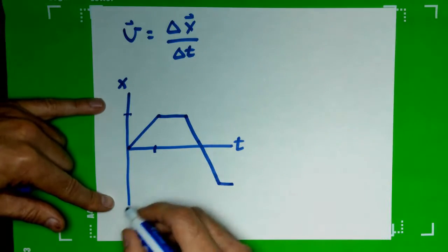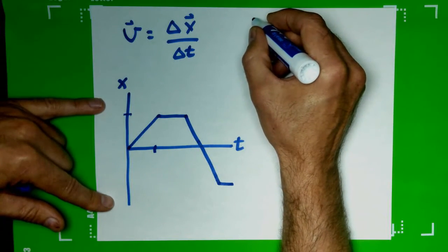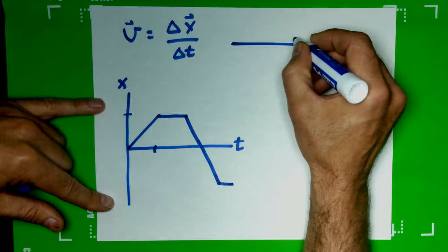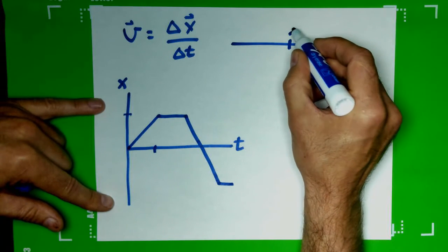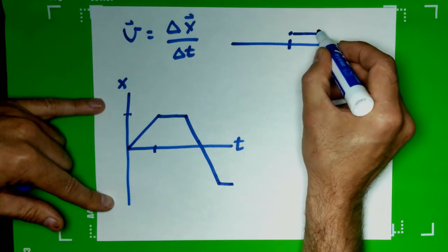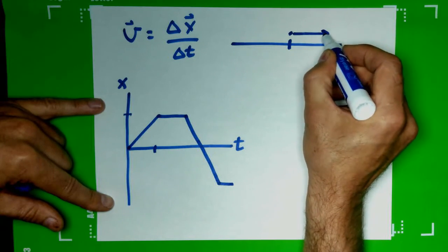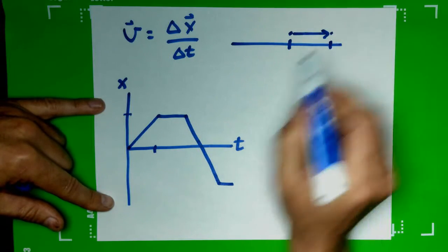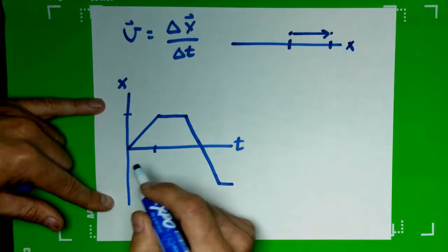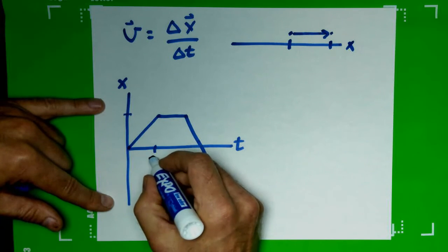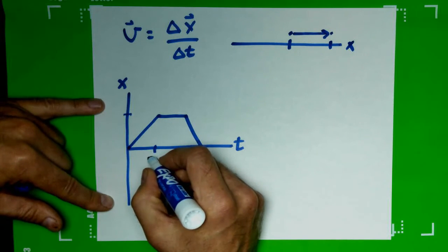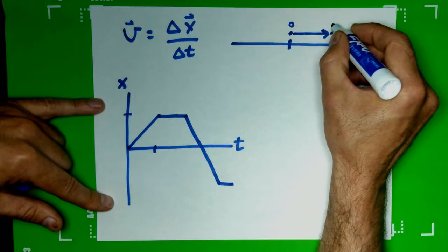So let's kind of draw that. I've got a coordinate system here. My object started here, and then it moved to the right to a certain point, right here. If we call this 0 and this t1, then this would be our 0 point or our 1 point.